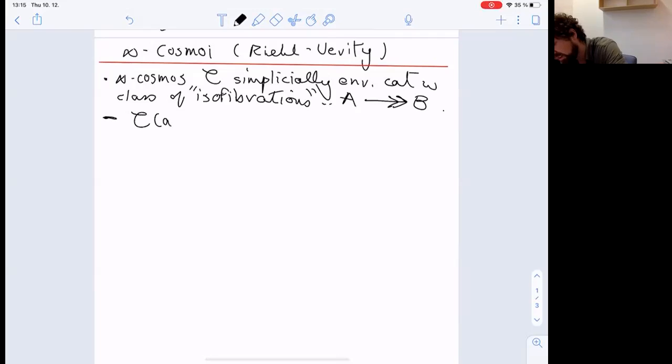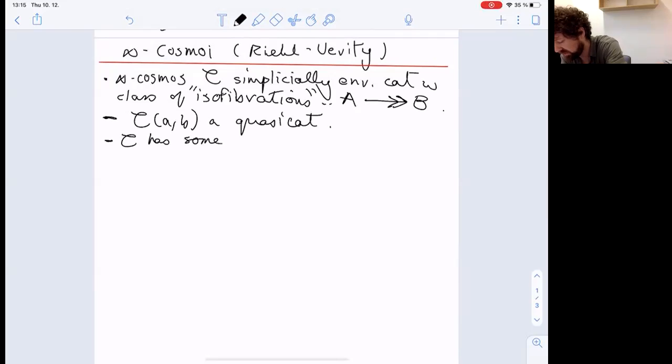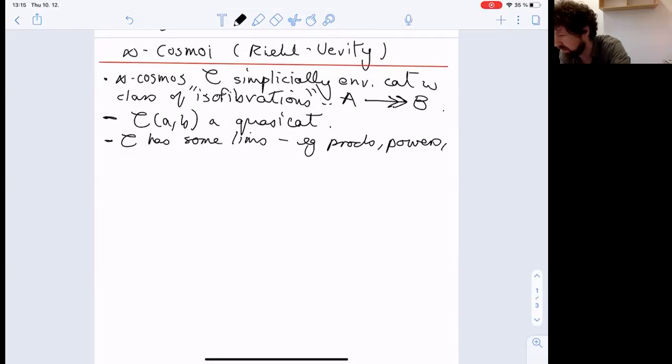Each hom, each C(A,B), is a quasi-category. Of course it's enriched in simplicial sets, but we ask furthermore that it's a quasi-category. The other main thing is that C has some limits, e.g. products, powers, basically limits that are homotopy limits in some sense.